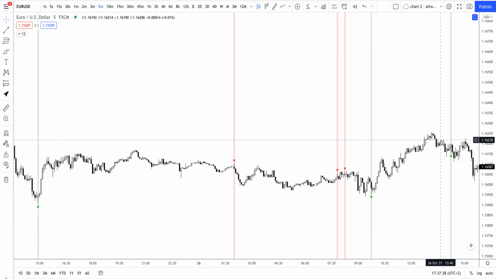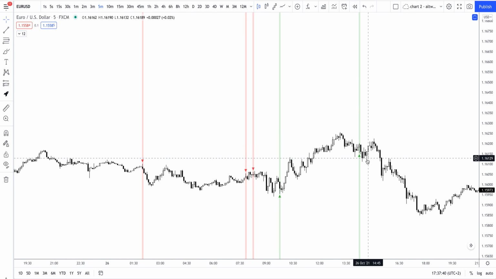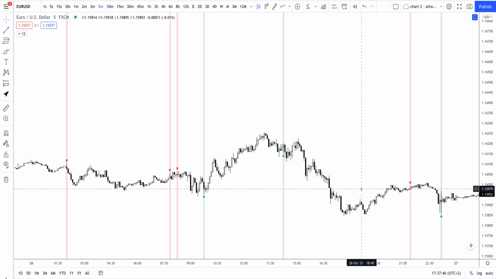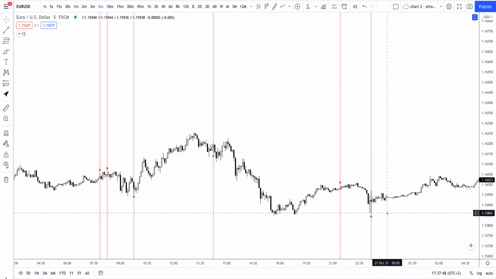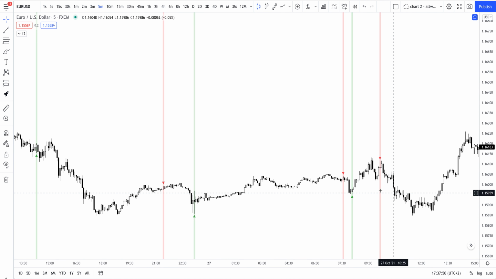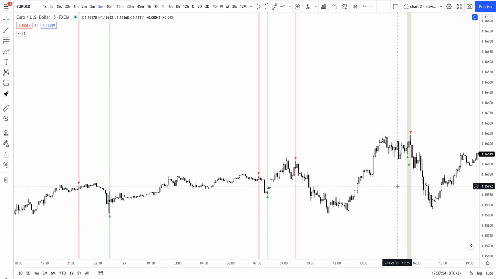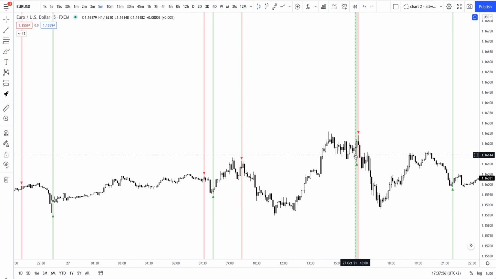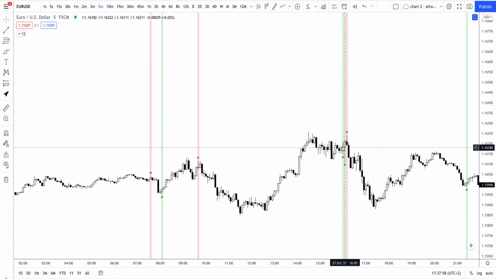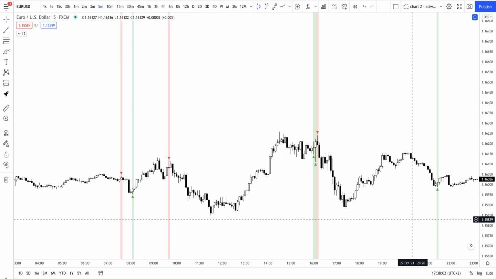You have also a wick. This was a bad signal, of course. As you can see, this was a good one. This again a good one, a good one, a good one. Really this was good, but then bam, perfect short.